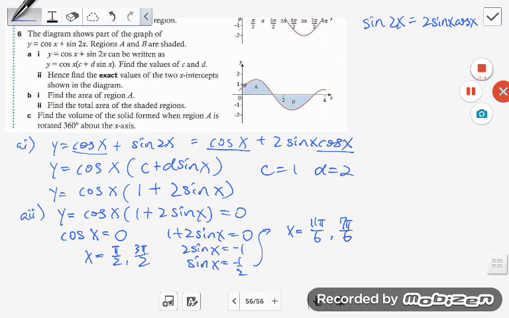On the graph that's given to us, we only have two x-intercepts, one over there and one over there. Which means out of these four values, only two will work. If you take out a calculator and put in 3 pi over 2, that is 3 times 3.14, which gives me 9.42, and divided by 2 gives us 4.7.